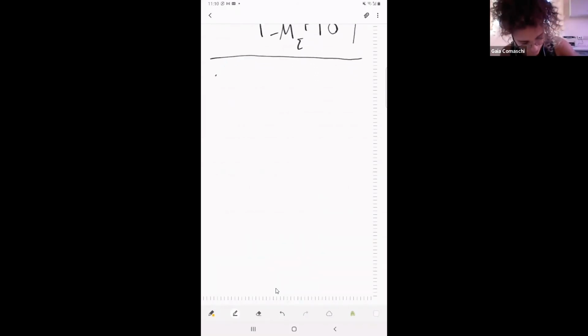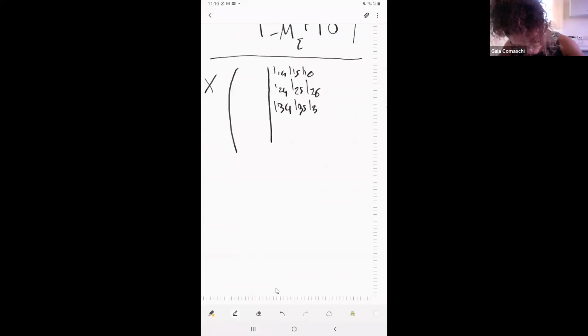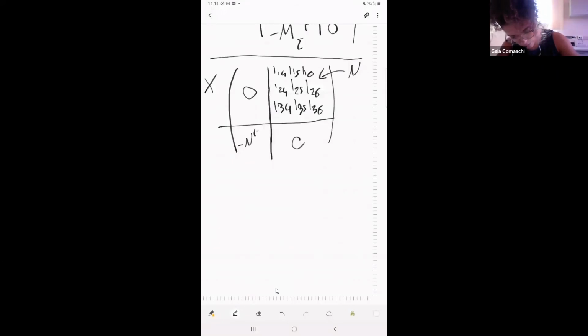So let's take a determinantal cubic. So we have a determinantal representation. Here I have a block of 0. I call this matrix N, and we will have minus N transpose.